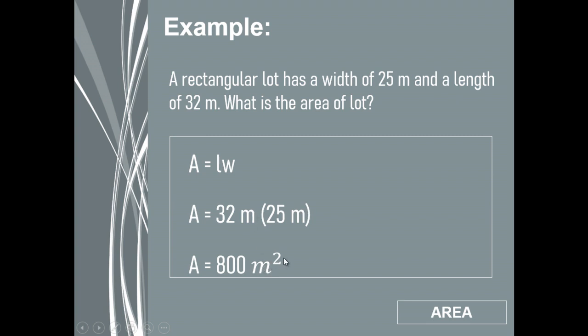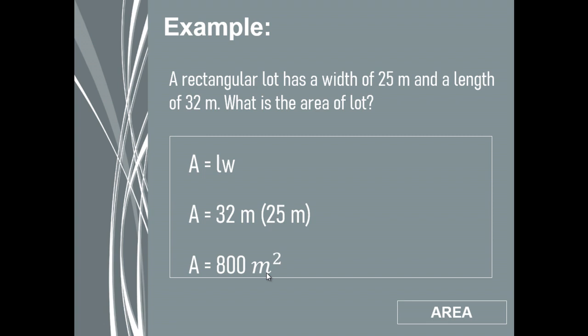That is read as 800 meters squared or 800 square meters. Okay? Again, this is read as 800 meters squared, with the meter mentioned first. Or you can have it as 800 square meters, without the D, with the square mentioned first.